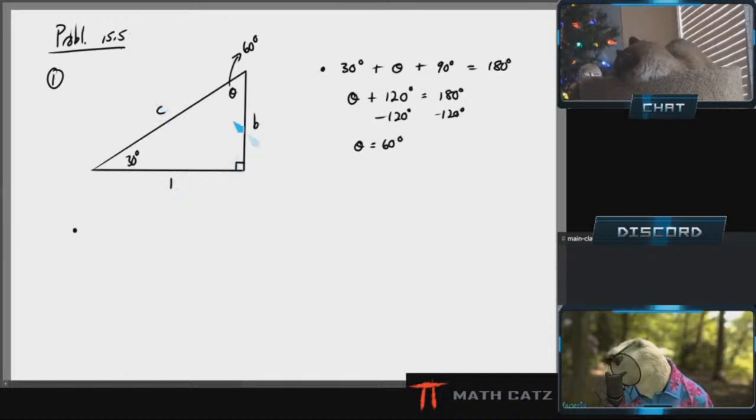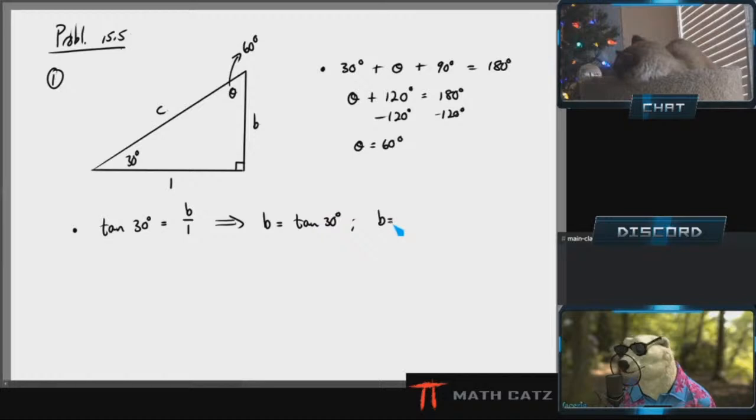I have to now pair the 30 degrees and the one length side to C and to B, two separate situations. So let's do B first. So I know that the tan of 30 degrees will be opposite over adjacent. So that then immediately tells me B is tan of 30 degrees.